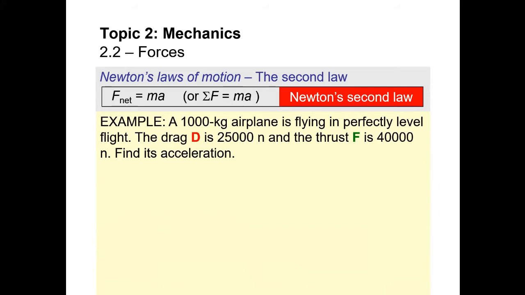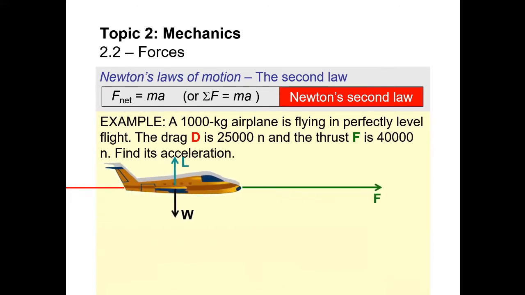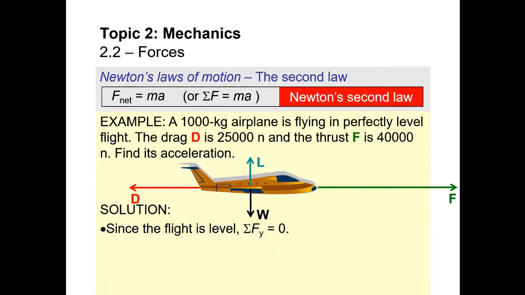A 1,000 kilogram aeroplane is flying in perfectly level flight. The drag D is 25,000 Newton and the thrust F is 40,000 Newton. Find the acceleration. Since the flight is level, the resultant force in y component equals 0.